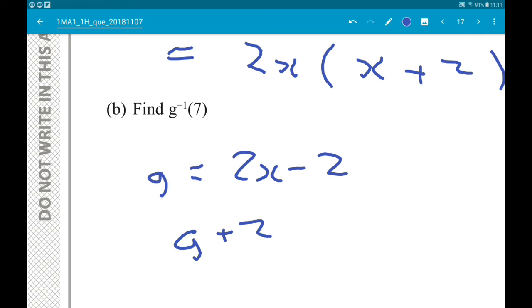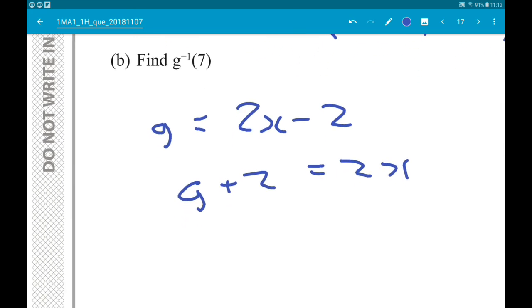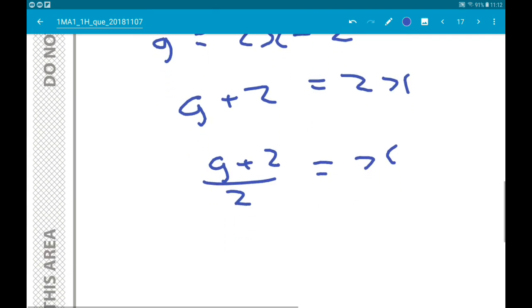So g add 2 is 2x. And then divide through by 2. So g add 2 over 2 is equal to x.